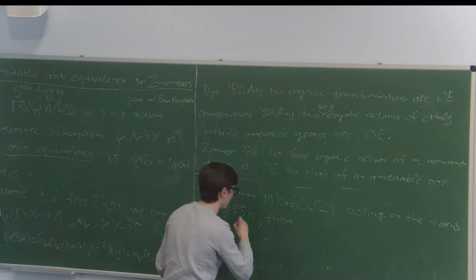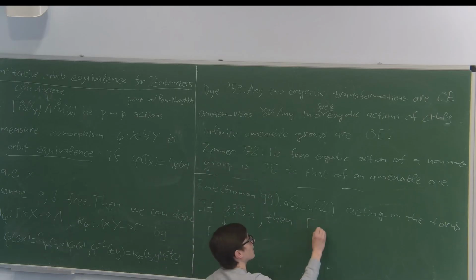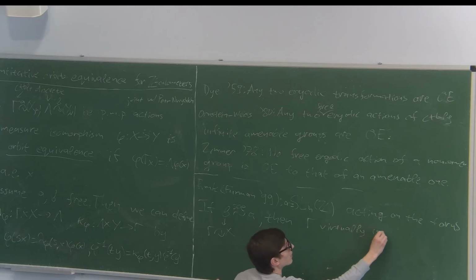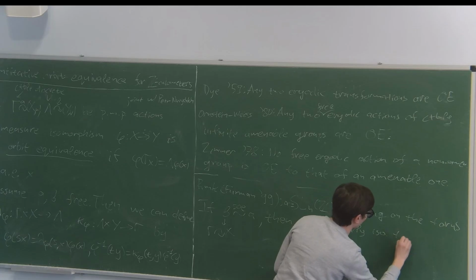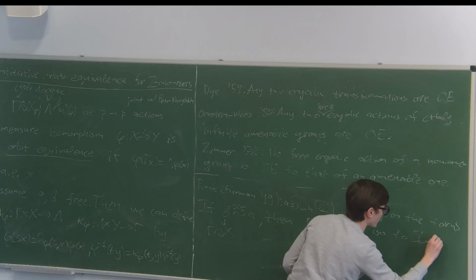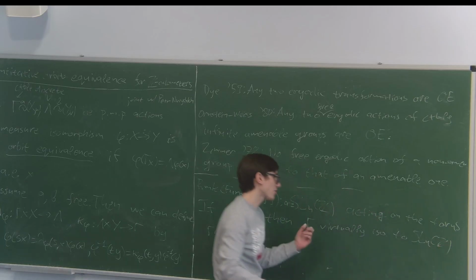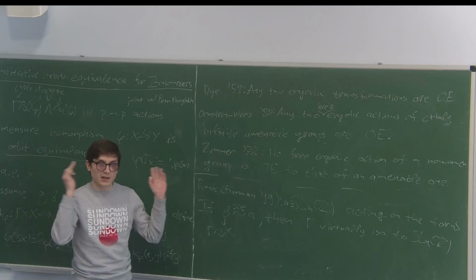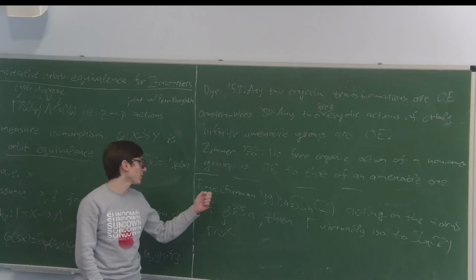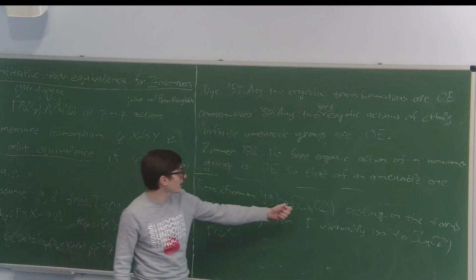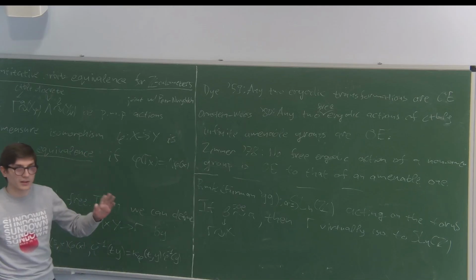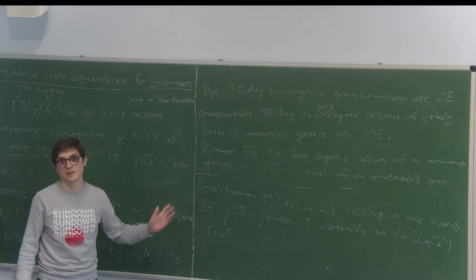then gamma is virtually isomorphic to SL and Z, and the action itself is also what he calls virtually isomorphic, which is some specific notion. It doesn't really matter. What matters is that on the non-amenable side, you witness rigidity very strongly sometimes.